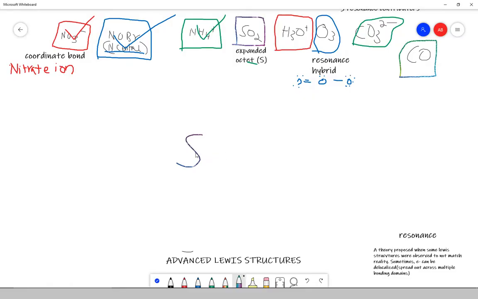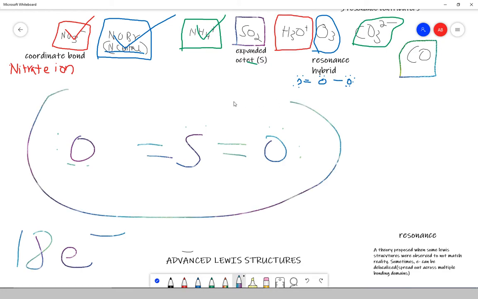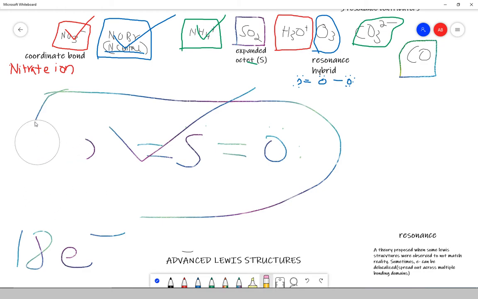Sulfur is there, so 18. So 2, 4, 6, 8, 10, 12, 14, 16, 18. So this right here should be the right structure.